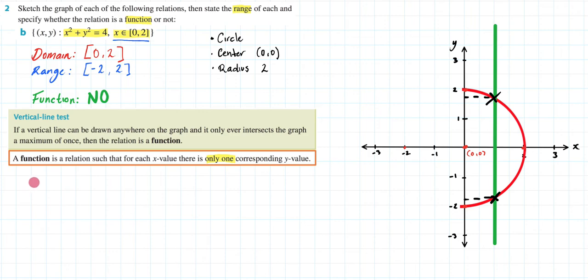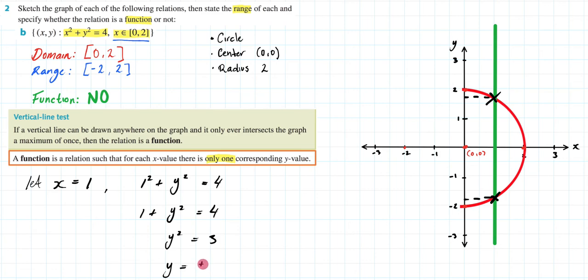So we could say, let x equal 1. So now that I have this, it would be 1 squared plus y squared equals 4. 1 squared is 1, plus y squared equals 4. I'll minus 1 from both sides. I will then square root both sides. So I'll be left with y equals plus or minus the square root of 3.